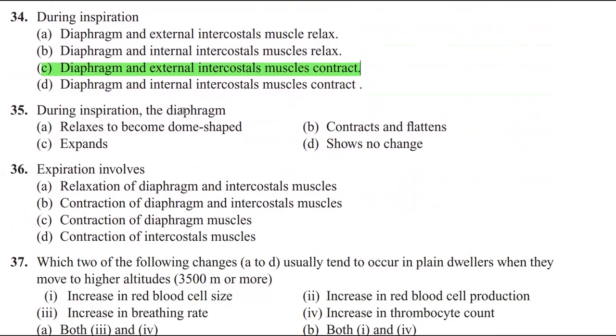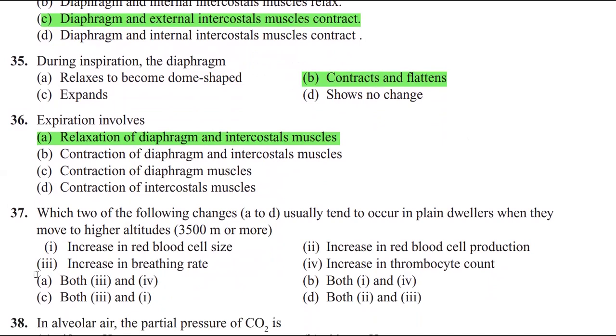During inspiration, the diaphragm becomes: relaxes to become dome-shaped, contracts and flattens, expands, shows no change. Contracts and flattens. Expiration involves relaxation of diaphragm and intercostal muscles, contraction of diaphragm and intercostal muscles, contraction of diaphragm muscles, contraction of intercostal muscles, relaxation of diaphragm and intercostal muscles.